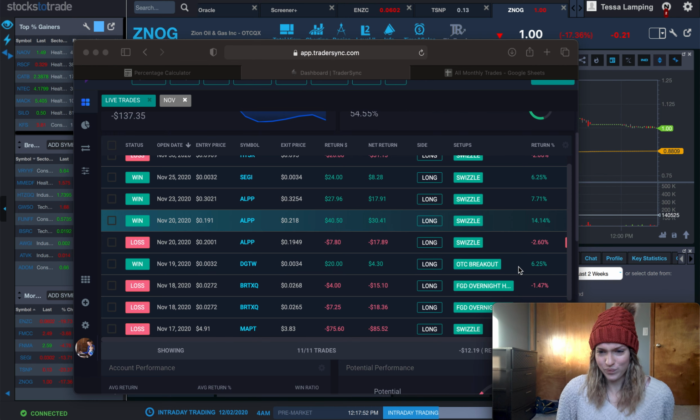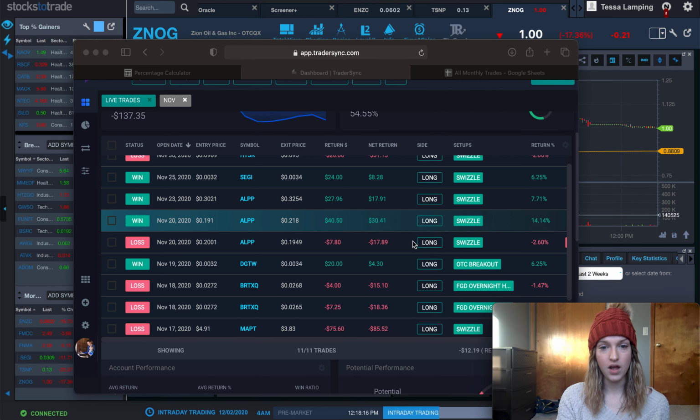The fees are negligible when you have larger size. But with larger size, that means you have to be on point with your losses, which I'll get into with the beginning of December too, why bigger size means you have to be tight on those losses.